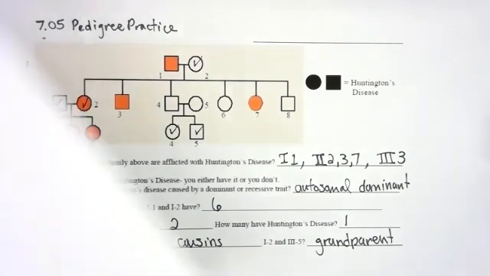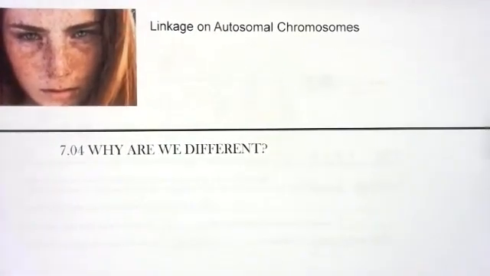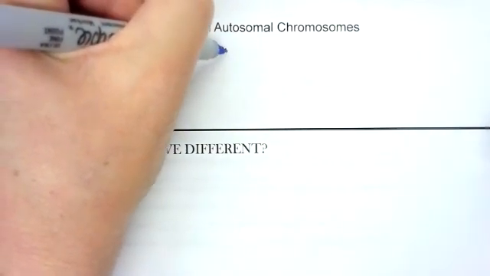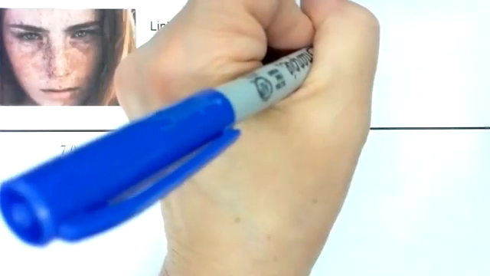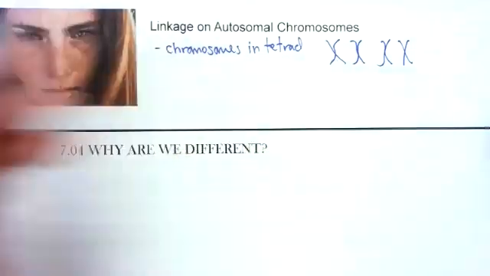The last thing I want to talk about in this video, we've just gotten a little blurb on the next page. We've got this gal who has red hair and freckles, and it says linkage on autosomal chromosomes. If you remember back two chapters ago, when we talked about meiosis, we said when chromosomes line up in the tetrad, we've got something like this, and these are copied homologous chromosomes.